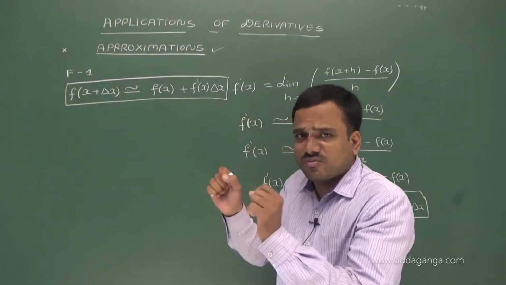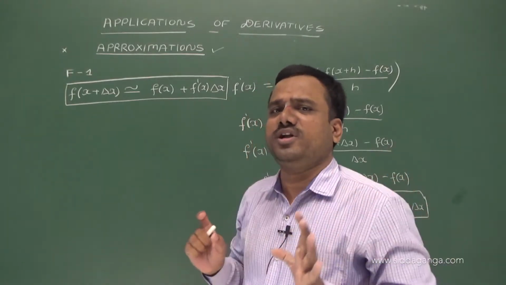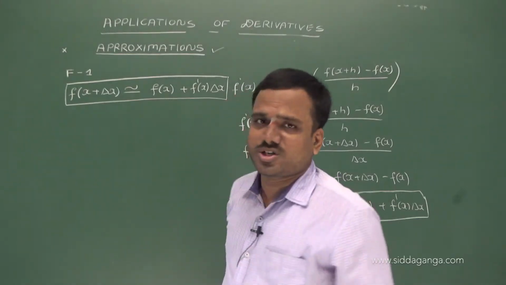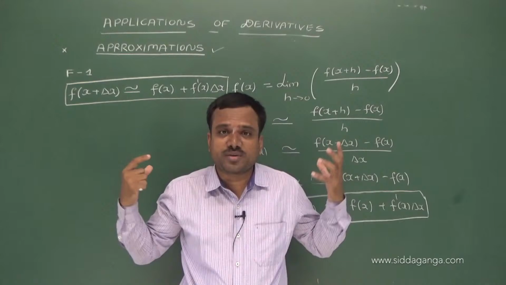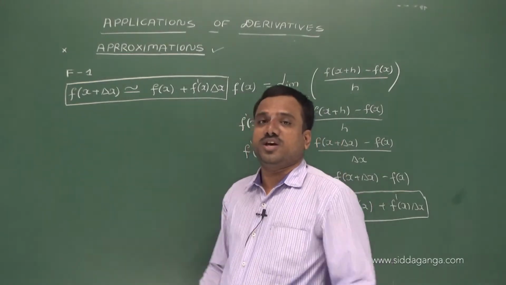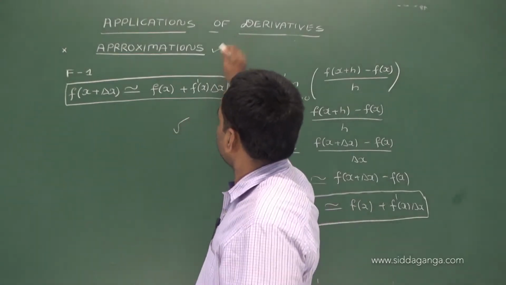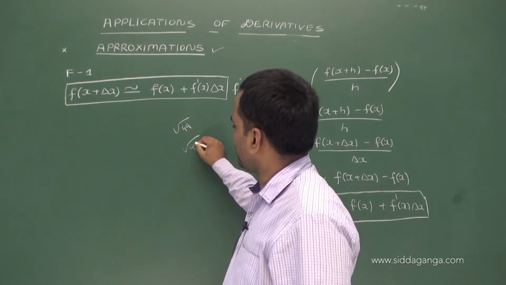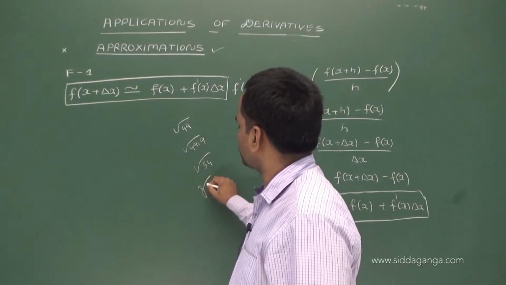Here we are finding the value of the given quantity by using the derivative method. In ancient times they did not have calculators. Using derivatives they found the square root of 49, square root of 49.9, square root of 54, cube root of 63.